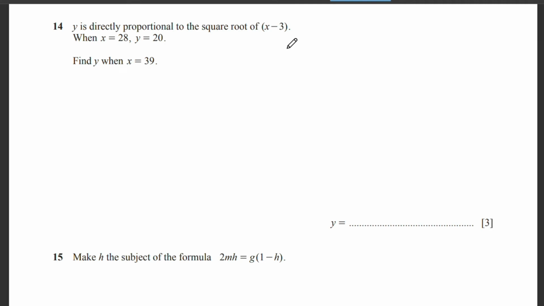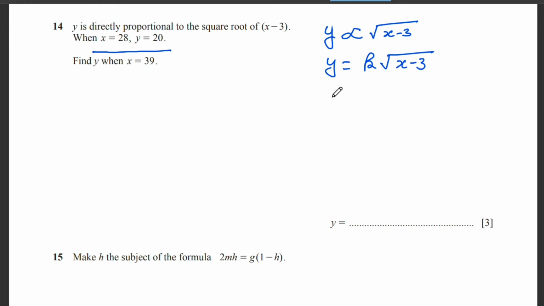Y is directly proportional to the square root of x minus 3. When x is 28, y is 20. Find y when x is 39. Now see, y is directly proportional to the square root of x minus 3. So we can write this as y equals k under root of x minus 3.